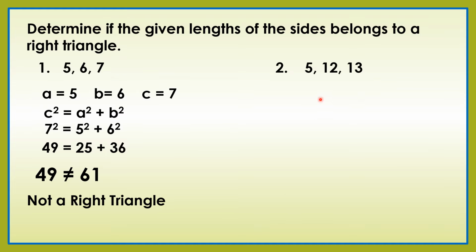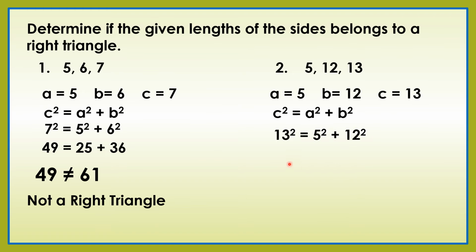Number 2. Given 5, 12, and 13. Ang a natin ay 5, ang b natin ay 12, at ang c natin ay 13. So, let us use the condition. c squared is equal to a squared plus b squared. Substitution, we will have now 13 squared is equal to 5 squared plus 12 squared.